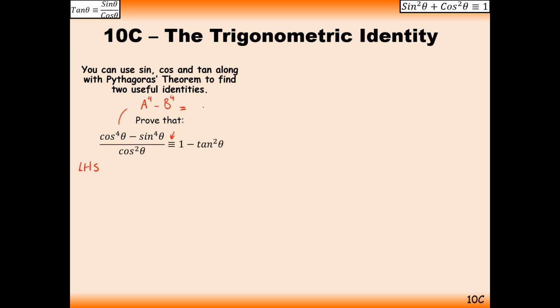So inside the bracket, let's make a substitution here. Let's say that capital A square is little a. So then a to the power of 4 will be little a to the power of 2, and b to the power of 4 will be little b to the power of 2.